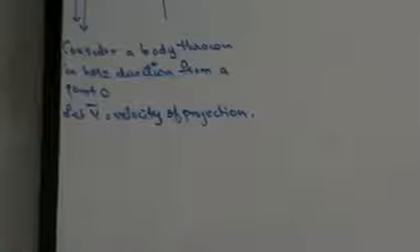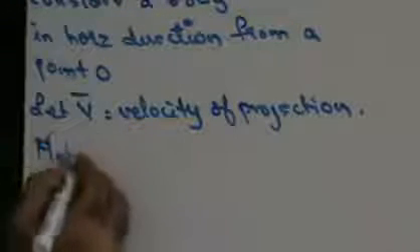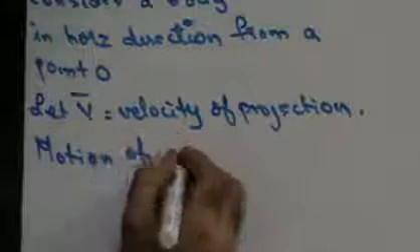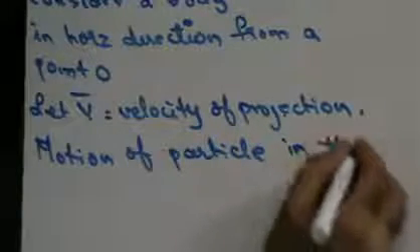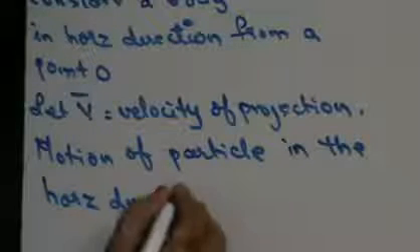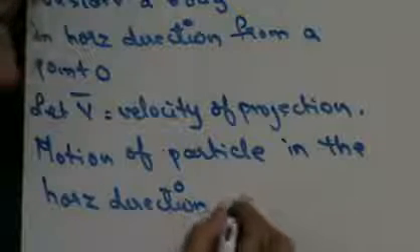Now, the one which is in horizontal direction is going to be a uniform motion, because I'm going to throw it with a velocity and then it's going to move with that same velocity. I can say therefore, the motion of the particle in horizontal direction is that of uniform motion along a straight line.